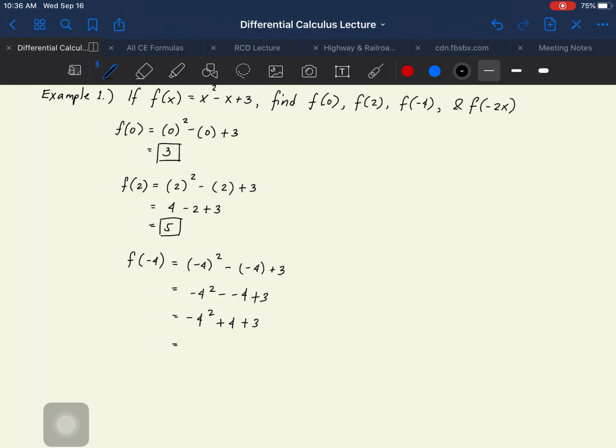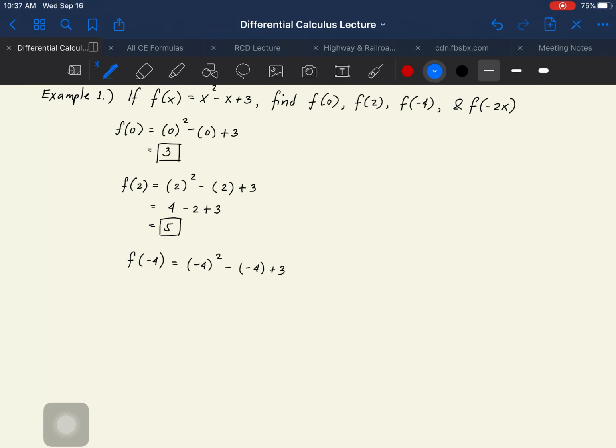And then what happens? You might start to square this value here, this 4, and you will have negative 16 plus 4 plus 3. Now I have seen this error in some of my students before. So the only solution to avoid this kind of error is to put a parenthesis whenever you make a substitution. So this is wrong. Okay? Now this one here is correct. You put a parenthesis.